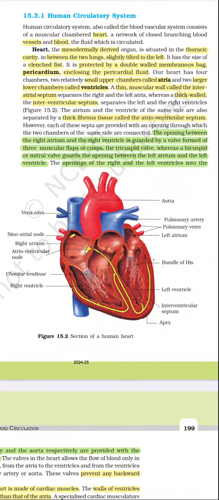A bicuspid or mitral valve guards the opening between the left atrium and the left ventricle.